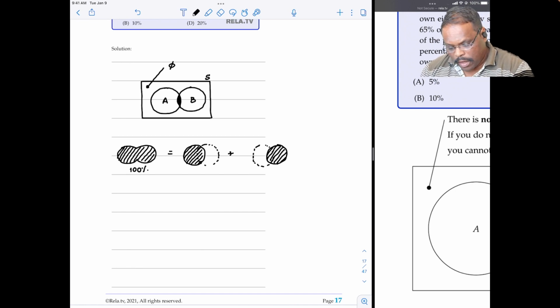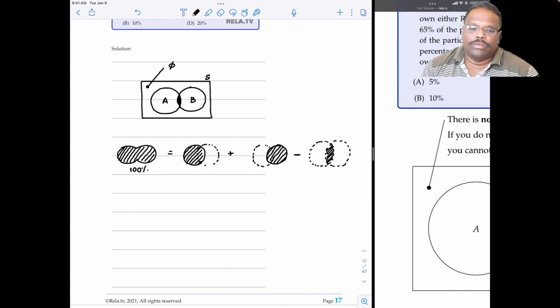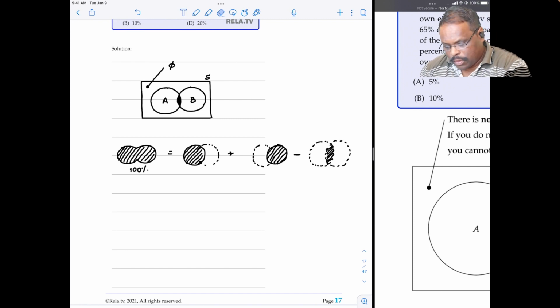So that means we have to subtract. Let me draw this a little bit dotted. This area we have to subtract, because when you add the individual circles, the common area will simply get added twice. We know that this is 100%.